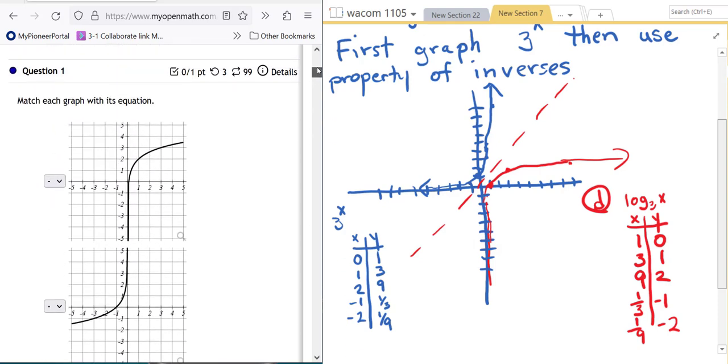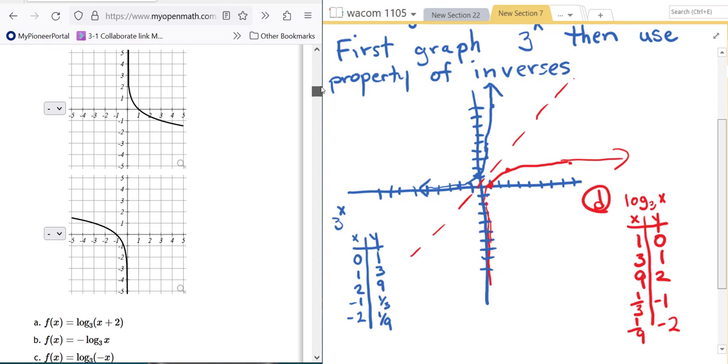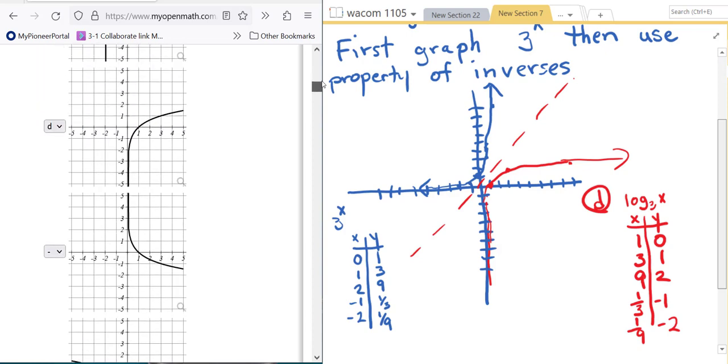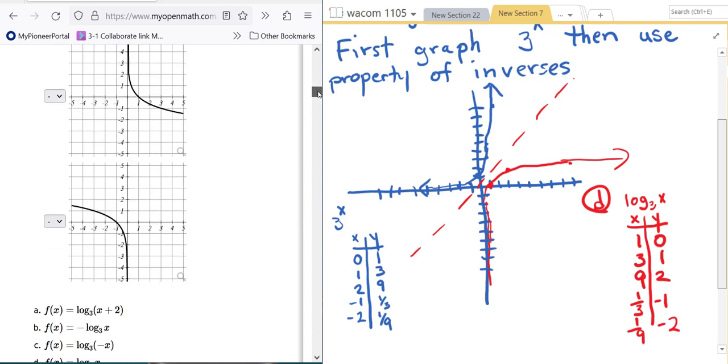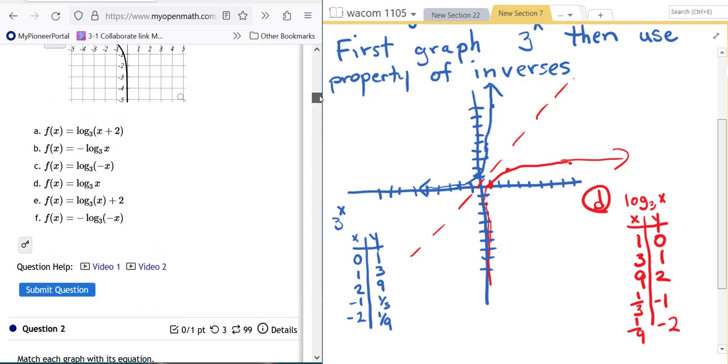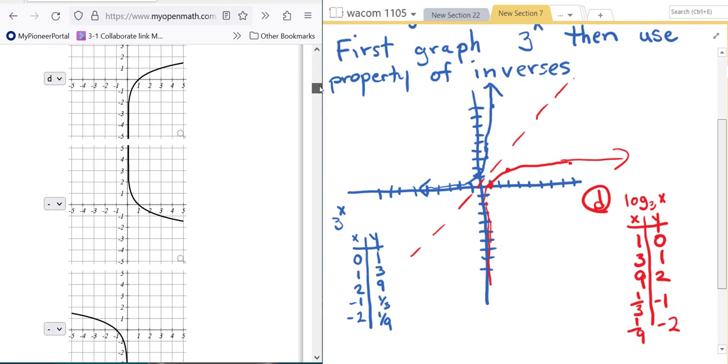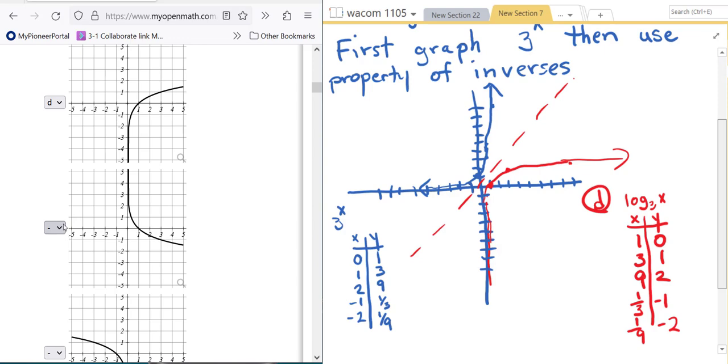That is not it. So yes, this one is it, and Mrs. H has forgotten which one it was. Okay, it is B. So it has flipped upside down over the x-axis.